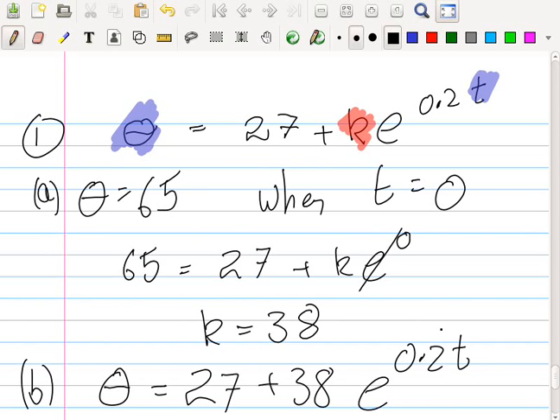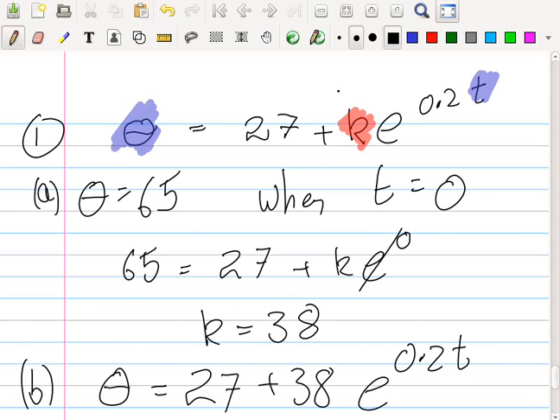Now, I think I might have typed in a plus instead of a minus here. Because if you think about it, should the temperature of coffee go up or go down as time goes by? Down. It should go down. It's kind of weird that it would be 38 degrees to start off with.